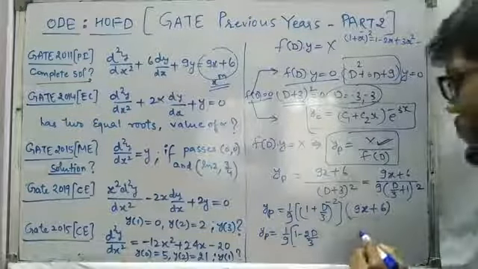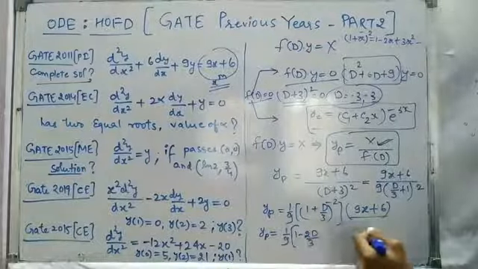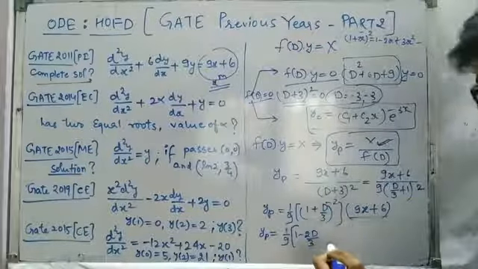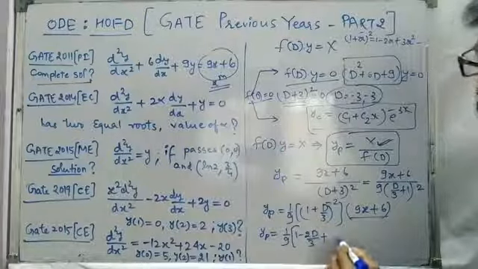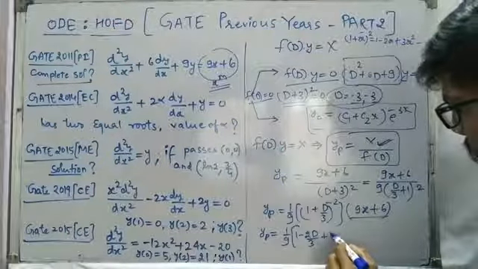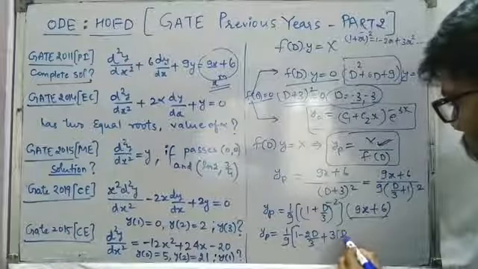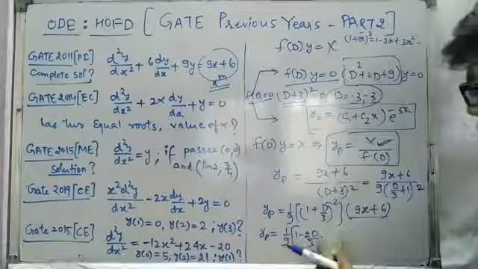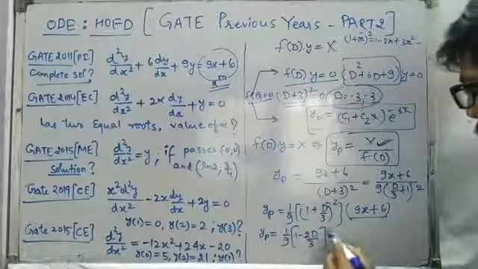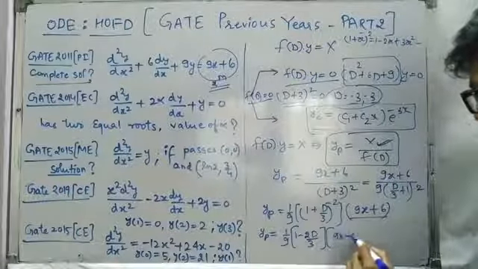As this is a polynomial of degree 1, we only have to worry about terms up to D. So 1 minus 2D by 3 plus 3 times D by 3 whole square, but we are not going to make use of terms of higher order, so up to D only we write, and here it is 9x plus 6.